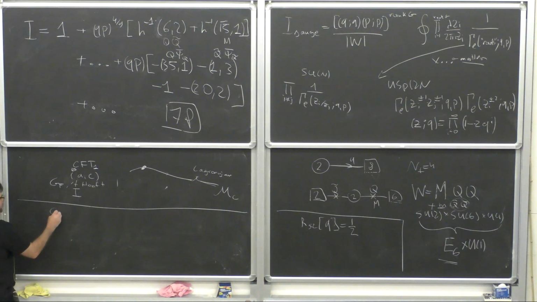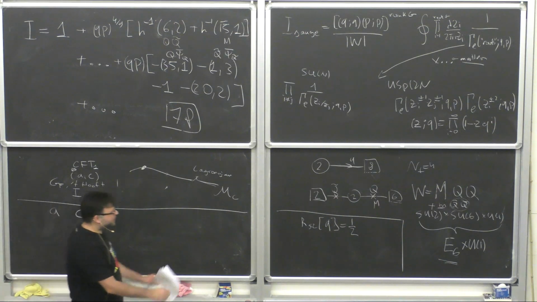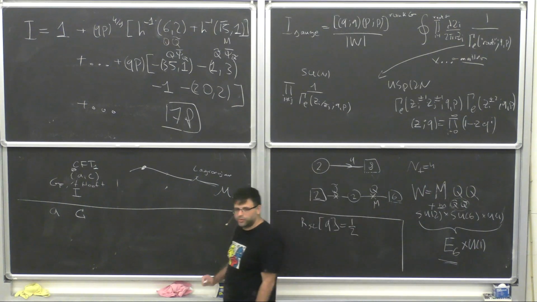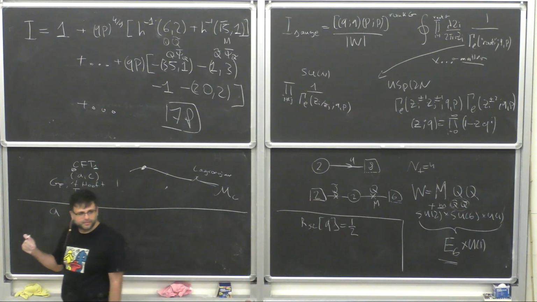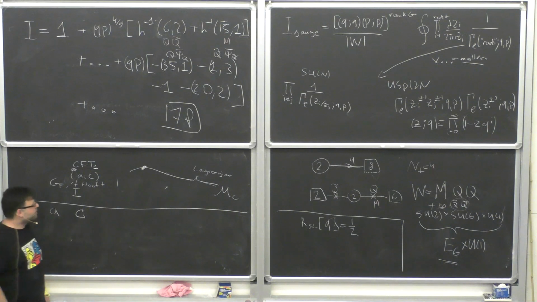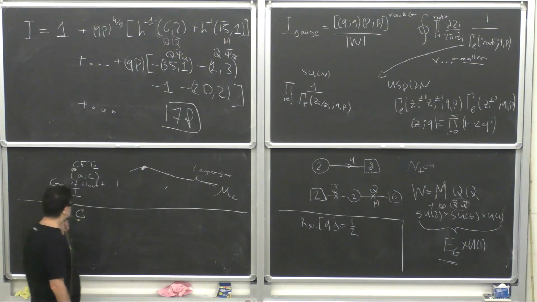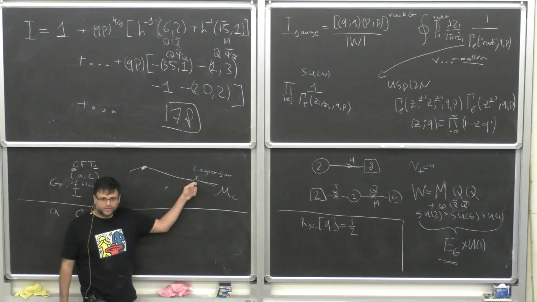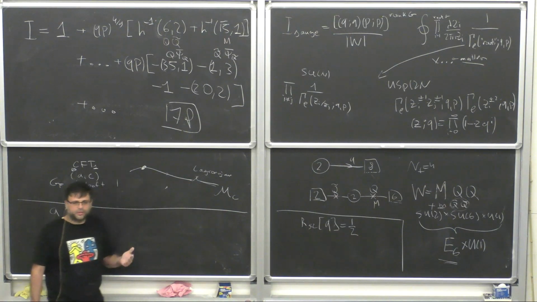To start the discussion, I only need these two anomalies, A and C. Now, remember that there is a relation between the A and C anomalies and the 't Hooft anomalies of R symmetry. What I want to assume is that the same A and C anomalies can be obtained in a Lagrangian theory. Why do I say that?